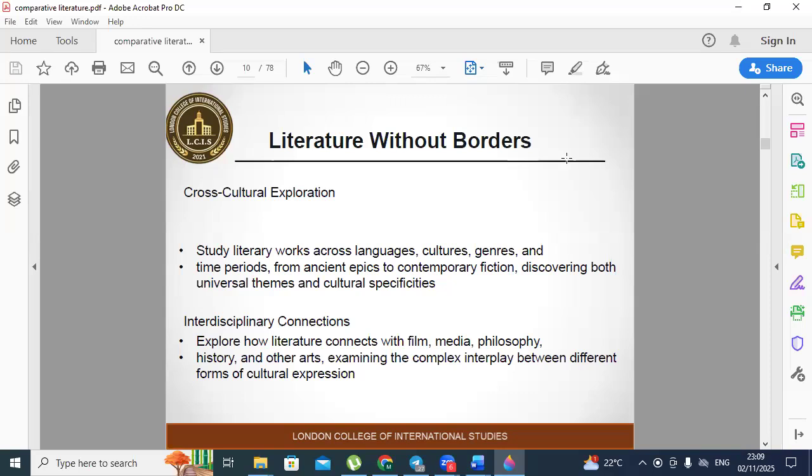You might move from an ancient Greek epic to a contemporary Indian novel, looking for what is common to all humanity and what is specific to each culture. The second is interdisciplinary connections, which explicitly encourages you to explore the link between literature and other fields, like film, media, philosophy, and history, examining the complex interplay between them.